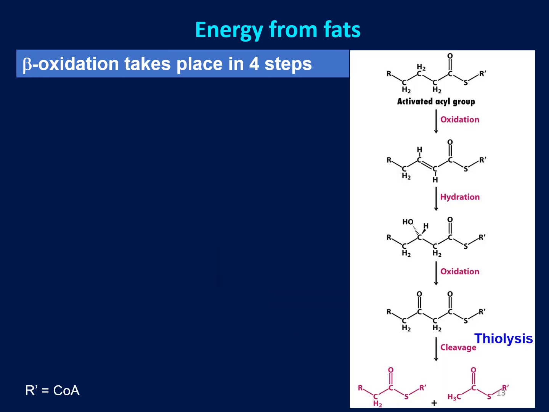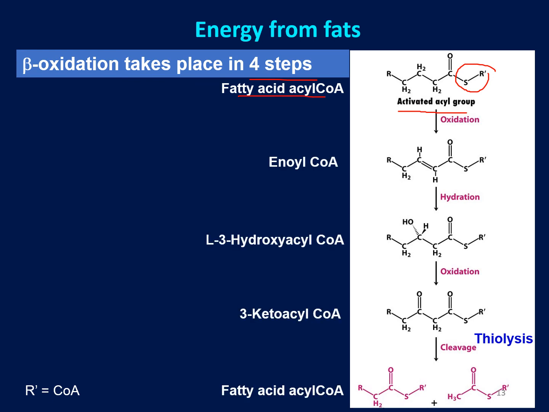Okay, here's an overview of the beta oxidation, which is a 4-step process. In the first step, you have the activated acyl group, which is attached with the coenzyme A. With the oxidation of the activated fatty acid, you have the production of a new double bond, which is then hydrated by a water molecule to add an OH group and a hydrogen atom.